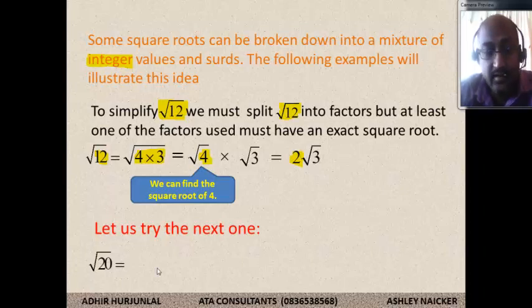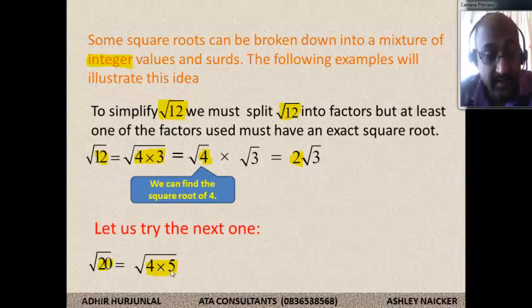It's not going to help me. 20 is 10 times 2. Not going to help me. But 20 can also equal the square root of 4 times 5, where 4 times 5 is equal to 20. One more time, I had many choices. Why did I choose 4 times 5?